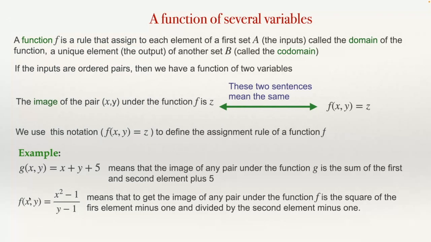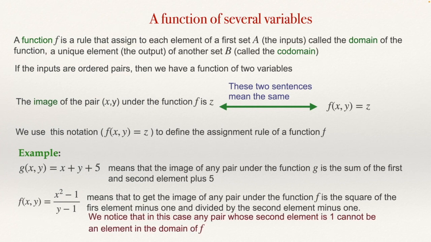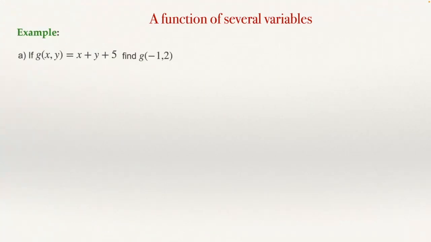So in this case, the domain cannot be all the real numbers. Because if the second element is 1, then we're going to have 1 minus 1, 0, at the bottom, and I cannot make the division. So the domain will be all pairs of real numbers in which the second element is different than 1. We noted that in this case, any pair whose second element is 1 cannot be an element of the domain of f.